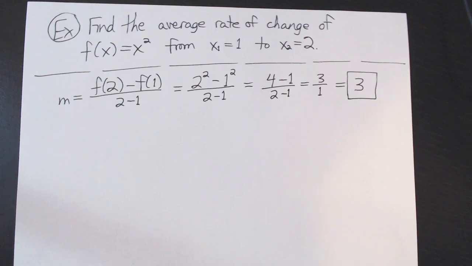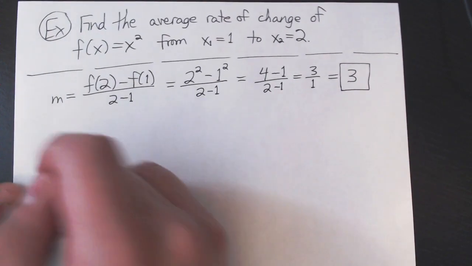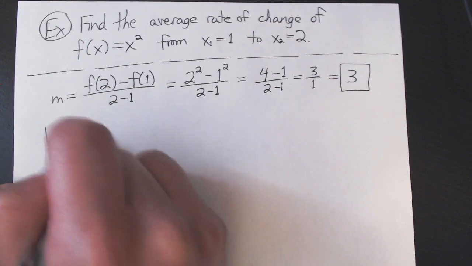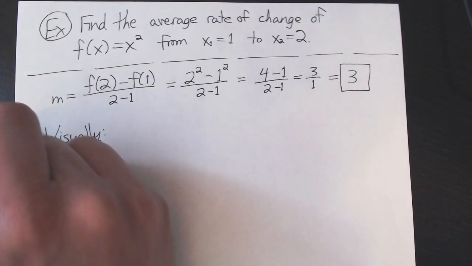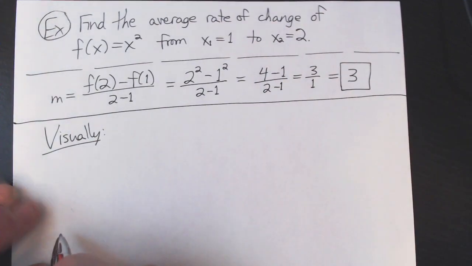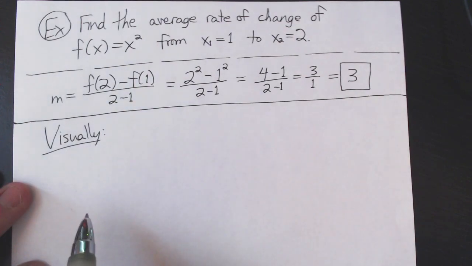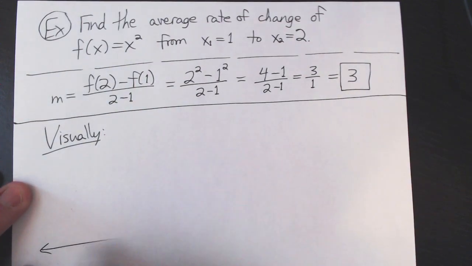Now, before we finish up, I want to draw a picture and maybe explain to you, what does this 3 mean? What does the 3 represent? So visually, we answered the question visually. What does that 3 mean? We know what the graph looks like for f of x equals x squared. So let's draw a quick picture of it.